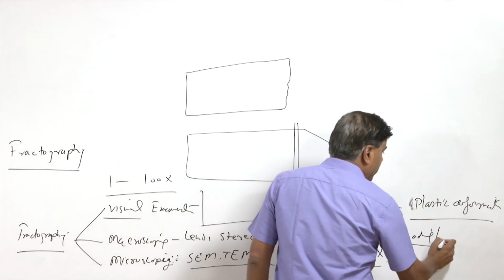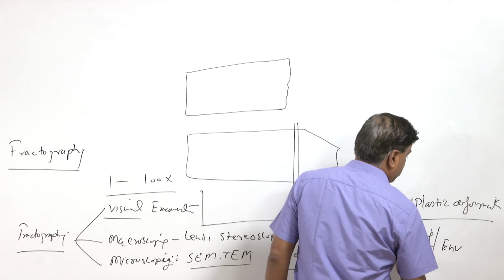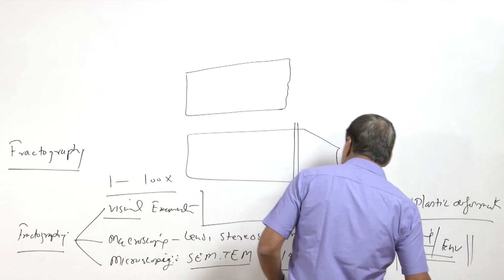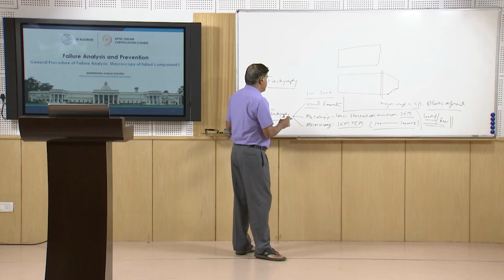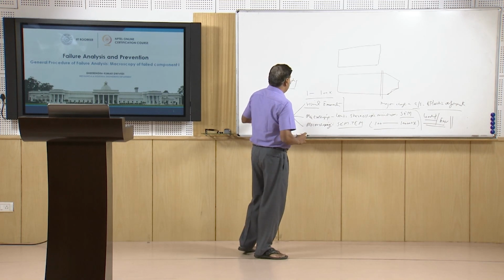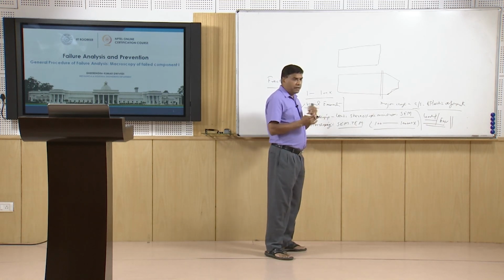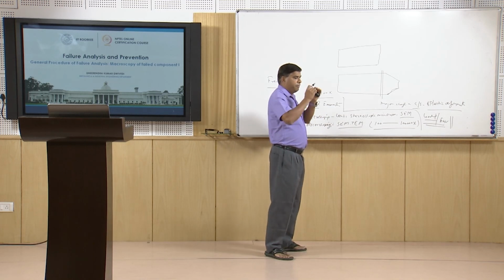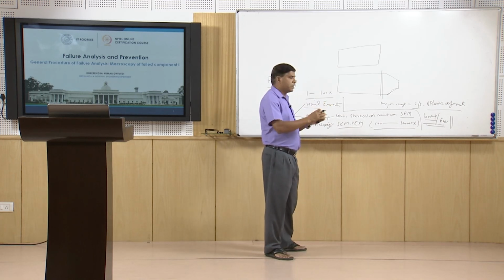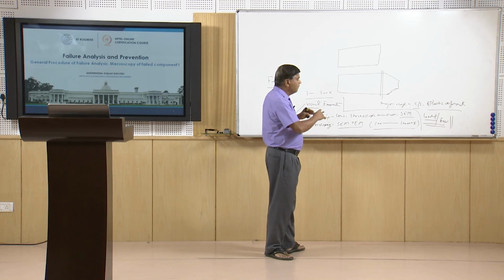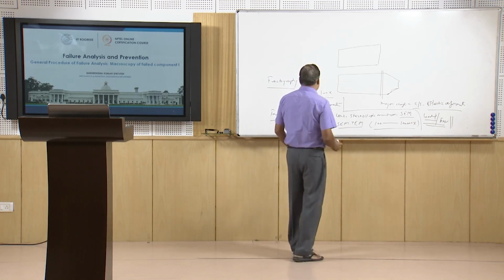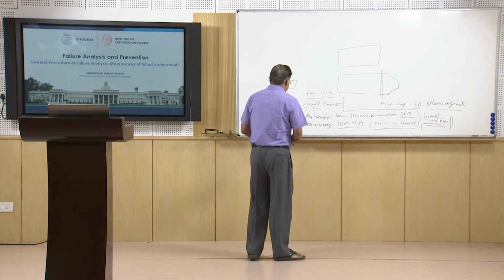So, the loading and the environment under which the failure has taken place can be investigated through fractography using these 3 approaches. All these 3 techniques should be coherent with regard to the mode of failure or the mechanisms which lead to the fracture of the component.